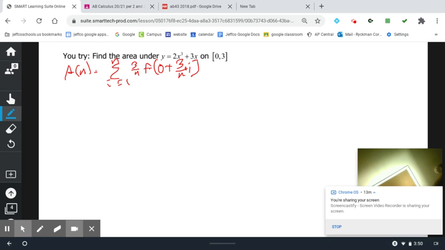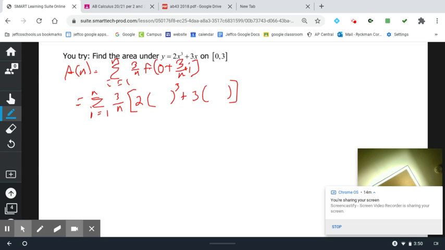Right rectangles. Okay, so the function involves 2. I'm going to put an x there. And 3, and I'm going to put an x there.